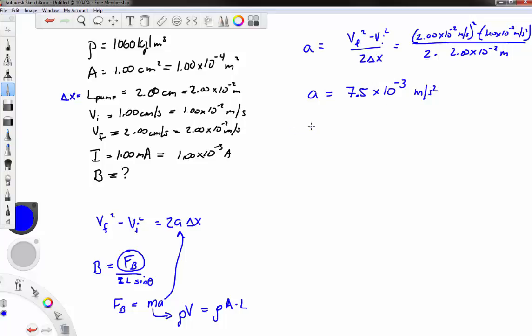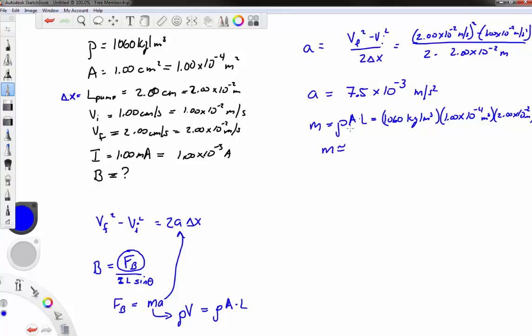All right, the mass in turn was given by density times area times length. So that gives us 1,060 kilograms per meter cubed times the area, which is 1.00 times 10 to the minus 4 meters squared, times the length, which was 2.00 times 10 to the minus 2 meters.